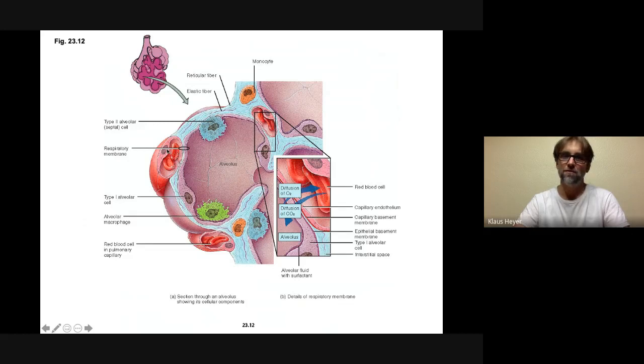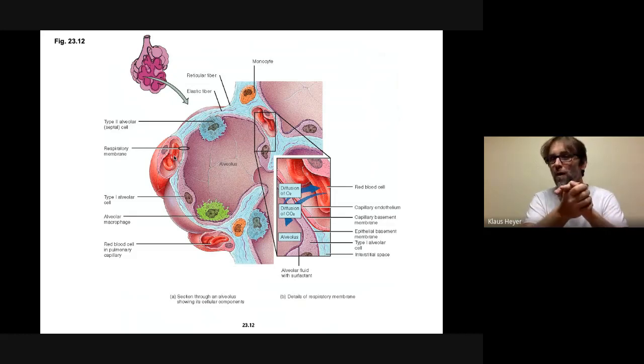Here's a pulmonary capillary going around it. And so you have oxygen moving from here across to the blood, right? And it has to be moist inside the lung. You can't have it dry. It's got to be moist.